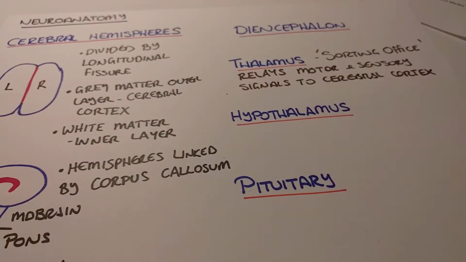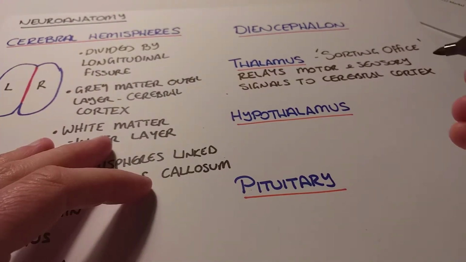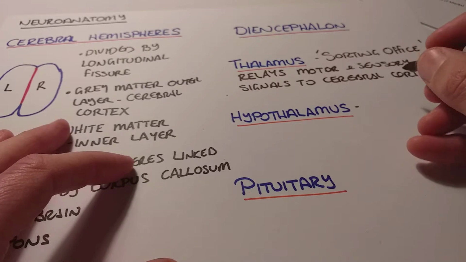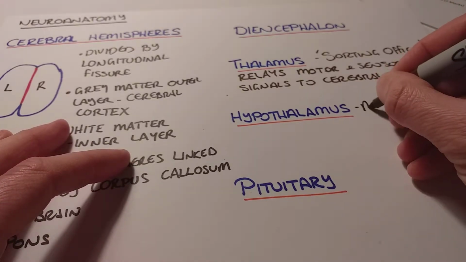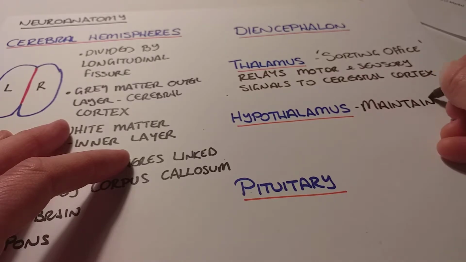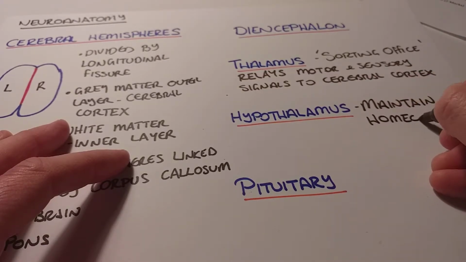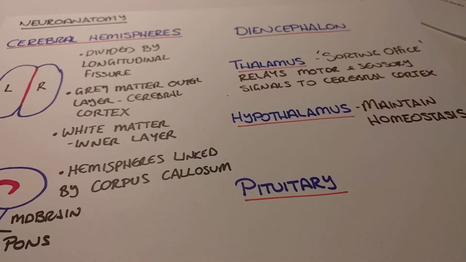Small difference. So hypothalamus. What does your hypothalamus do? Its main job is to maintain homeostasis. So I think the hypothalamus is a bit of a king if it does that.